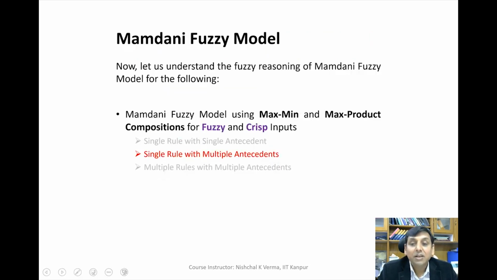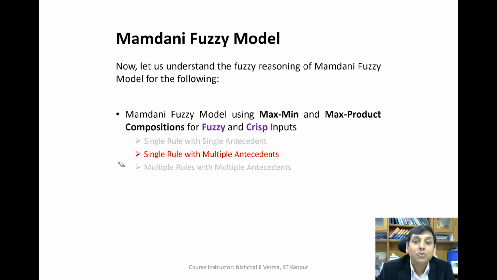Now let us move to this second scenario where we have the single rule with multiple antecedents. So we have a Mamdani model here which has only one rule, but this rule has multiple antecedents, means the premise part has multiple antecedents.